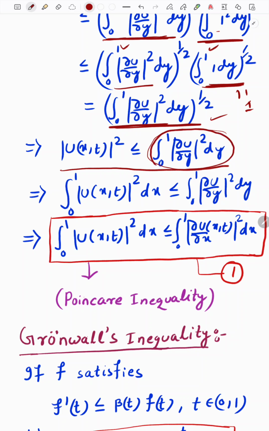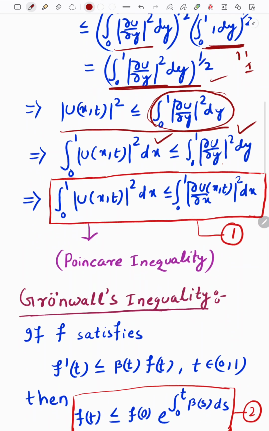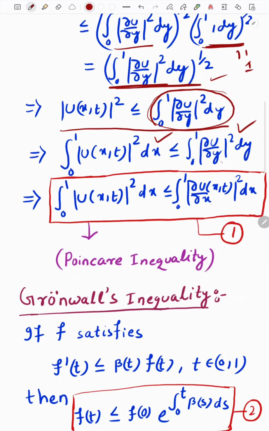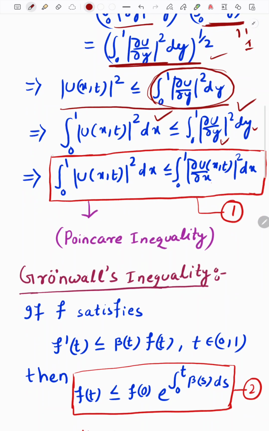It is a constant quantity, so it simply comes out, and the integration from 0 to 1 of dx gives 1. So the right hand side is the same, and this is the left hand side, and here y is a dummy variable, so we can also put x here. Therefore I will reach this inequality.